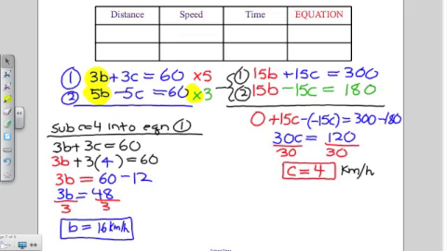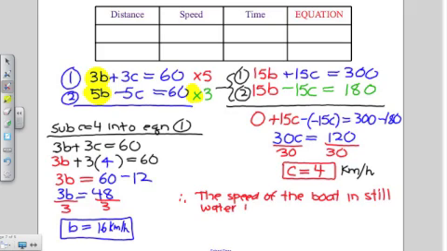So my final written statement: the speed of the boat in still water is 16 kilometers per hour, and the speed of the current is 4 kilometers per hour.